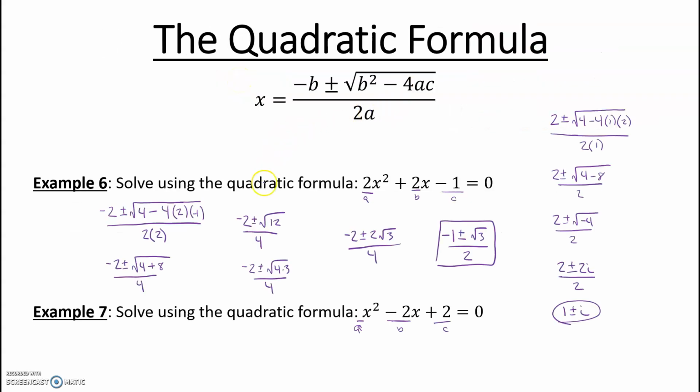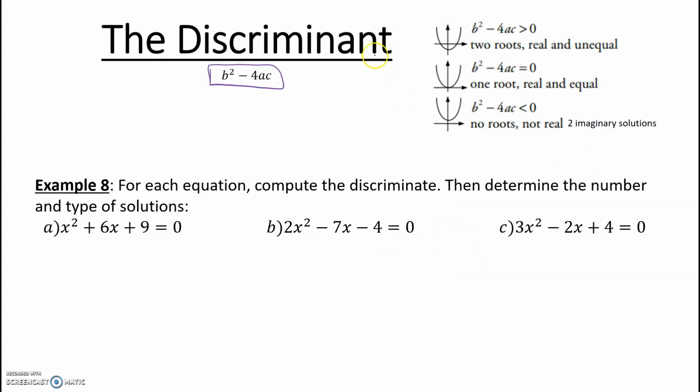So if you look back here, square root of 12 was positive, we wound up with 2 real roots. If the number is negative, you actually wind up with 2 imaginary solutions.